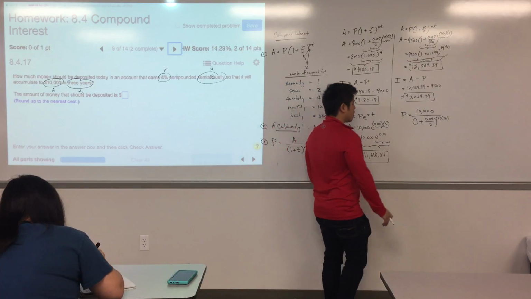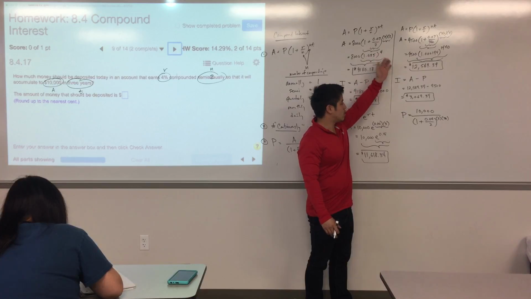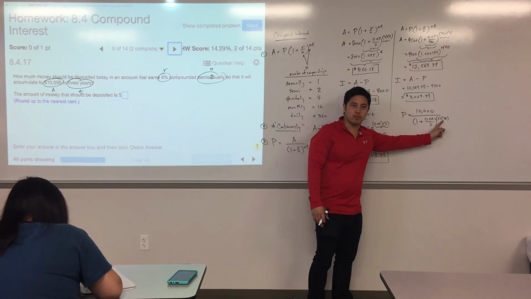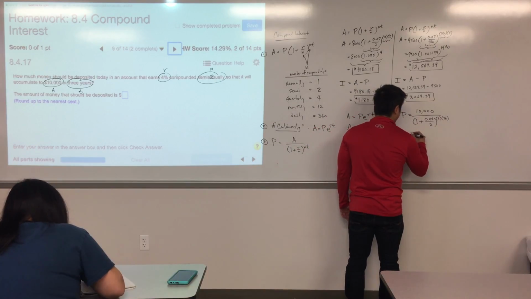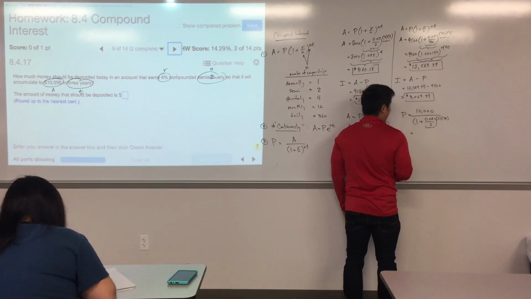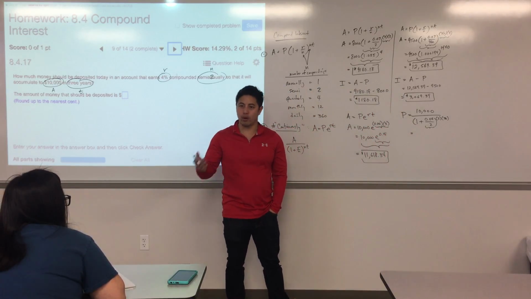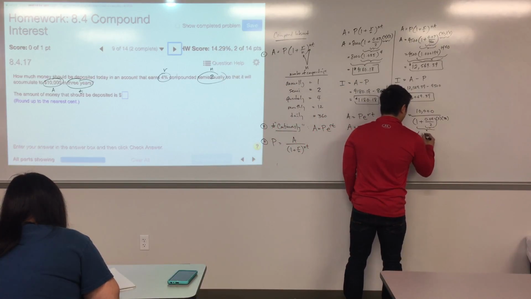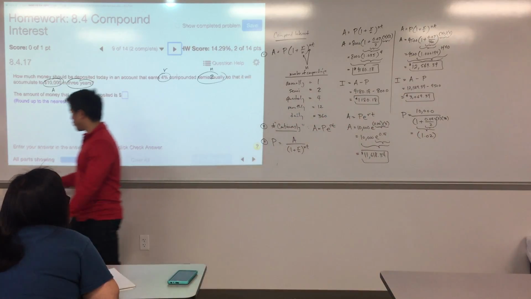Now we solve this the same way we would over here. We do this first, then add 1, then the exponent, then the division. 0.04 divided by 2, what's that? 0.02, plus 1 is 1.02. I just needed to leave the numerator there.